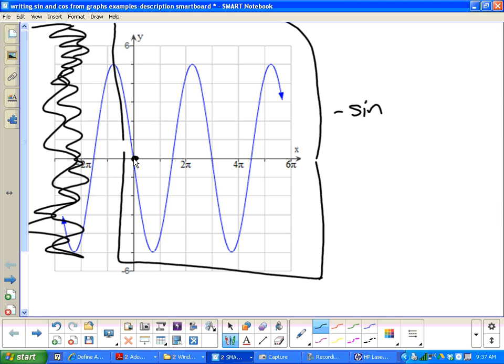Now, notice how far down does it go to? All right, to -5. So that should probably tell you that your amplitude is going to be 5. I'm just jotting down stuff that I realize. Now, it goes back up here. Has it made a complete cycle yet?